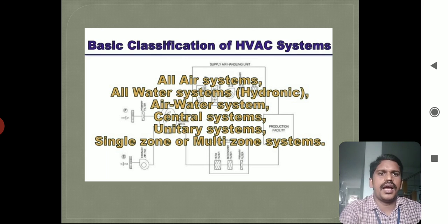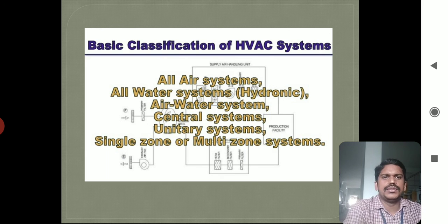HVAC systems include all air systems, all water systems, that means hydronic water systems, air water systems, central systems, unitary systems, single zone or multi zone systems. In summer or winter seasons, these systems have both heating and cooling.